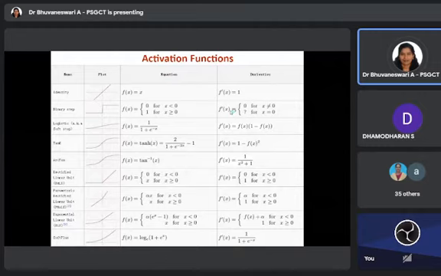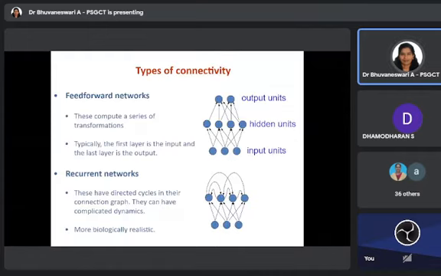When you come to network connectivity, there are two major types. One is the feed forward network, the second is the recurrent network. In feed forward networks, there is the input layer, hidden layer, and the output layer. Each layer can have any number of neurons. The output layer may have any number of neurons, but more probably one or two for a specific data set.